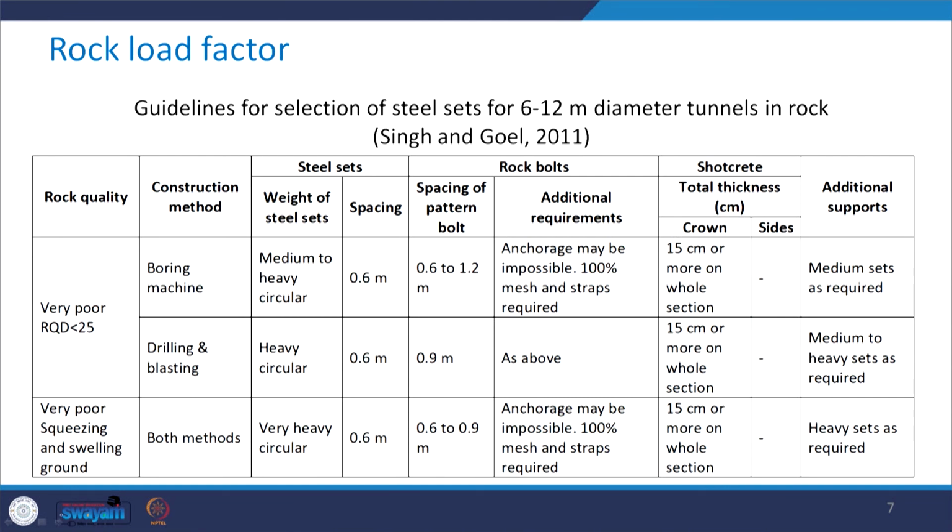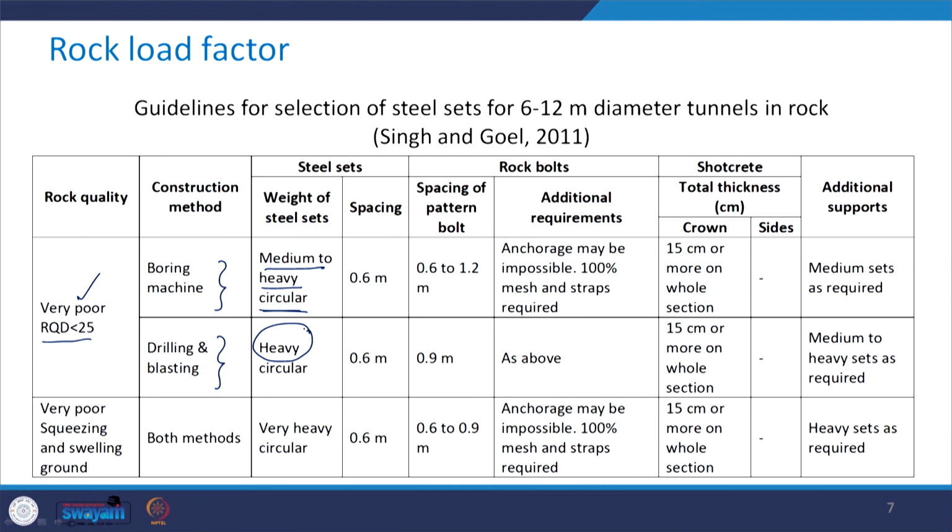Coming to the rock quality with RQD less than 25, that is very poor rock quality. In this case, if the construction has been done using the boring machine, the weight of the steel sets are medium to heavy, and the circular steel sets are to be provided. In case it is drilling and blasting, heavy steel sets are needed.